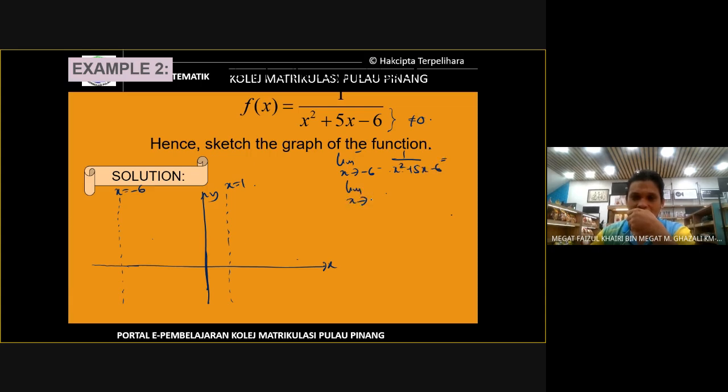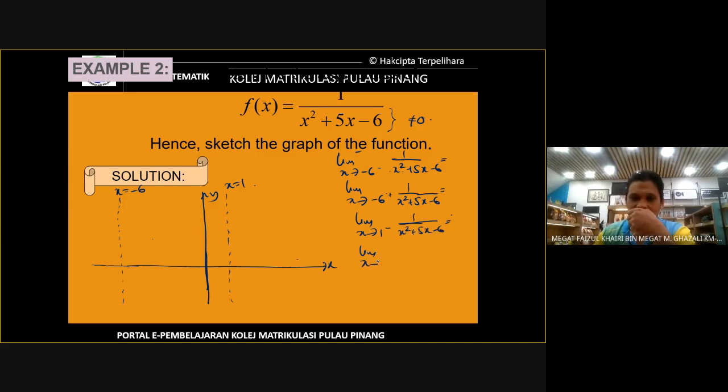Limit of x approaching -6 from the right, 1 over x squared plus 5x minus 6. Limit of x approaching 1 from the left, 1 over x squared plus 5x minus 6.